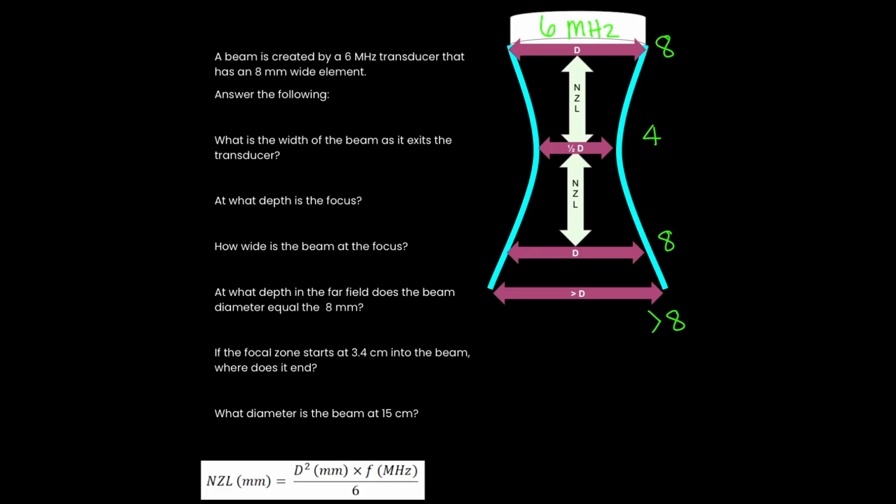So our first question says, what's the beam as it exits? Well, we know that's 8 millimeters, so we can write that in. Now this is going to be a new one that we need to calculate because we've changed our frequency, and the near zone length is based on frequency and diameter.